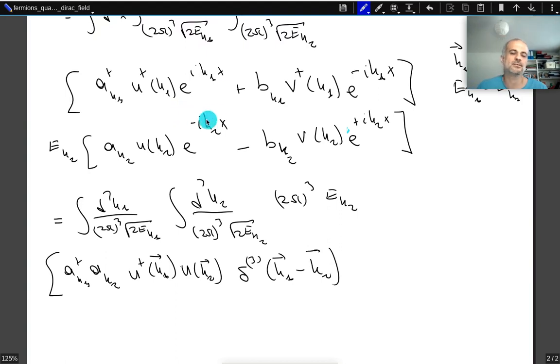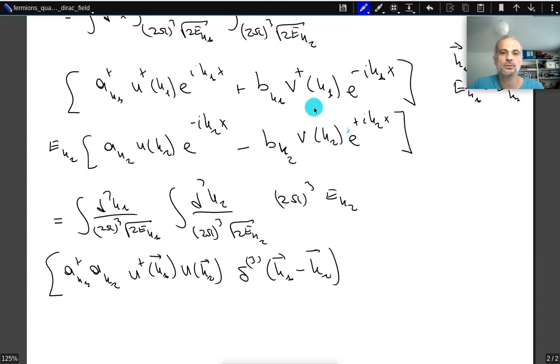Well, note that since I'm in the Heisenberg picture, the k10 and k20 terms are also there, but I get e of k1 minus e of k2, which due to this Dirac delta will be automatically 0. So let me continue. This is the product of the first terms in the parentheses.